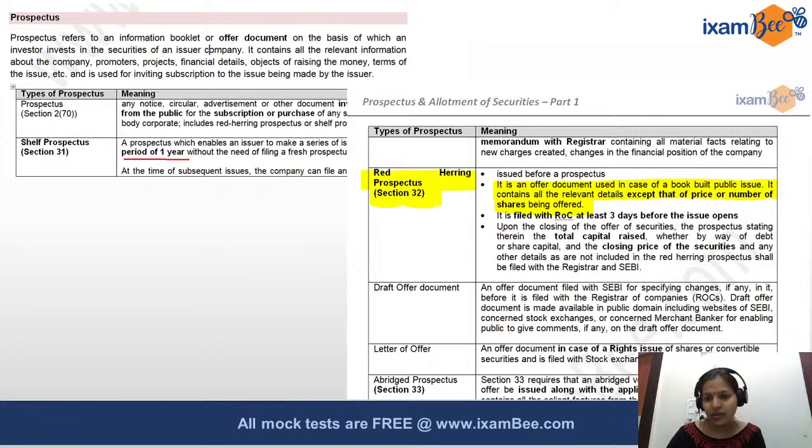Red herring, as we already discussed. Draft is what you first submit to SEBI. Letter of offer is the offer document that is used in case of a rights issue. And abridged prospectus, I told you, is a shortened form which has to be attached with the application form. So these are the different types of prospectus.